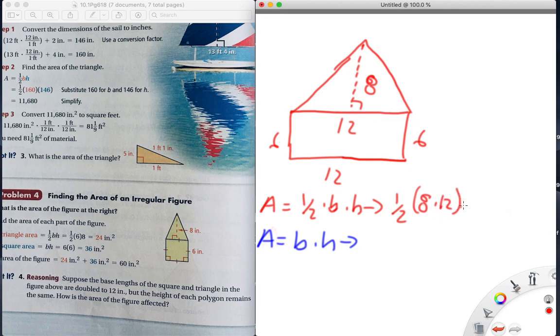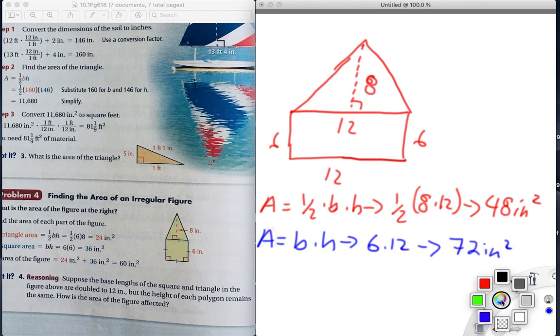My mistake. So then 8 times 12, I believe, is 96. And 96 divided by 2 is 48 inches squared. My mistake. And then base times height, this is going to be 6 times 12, which is 72 inches squared.